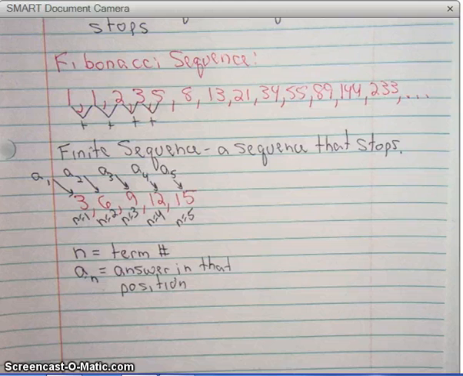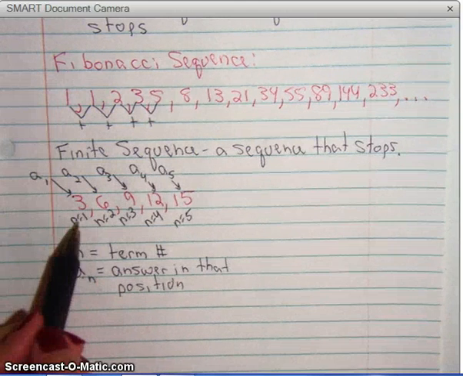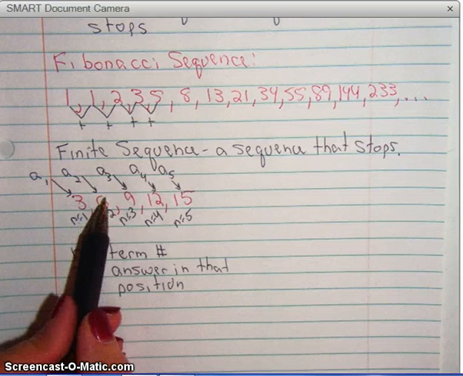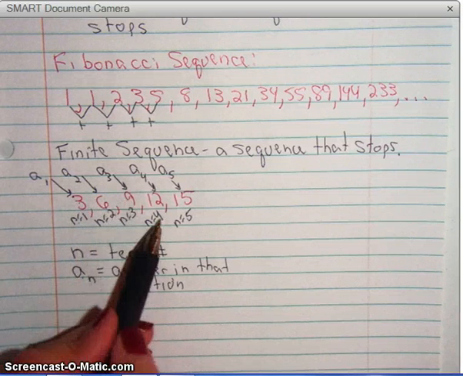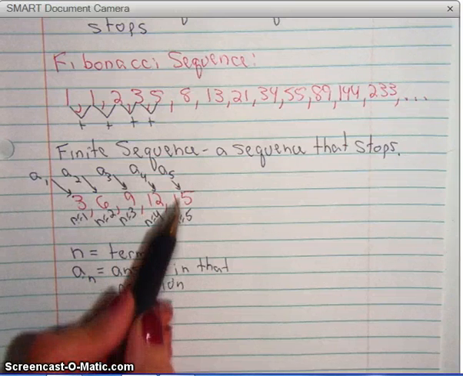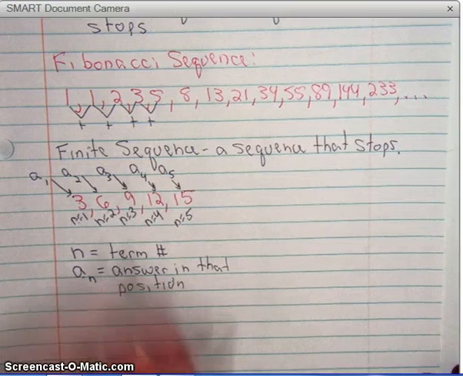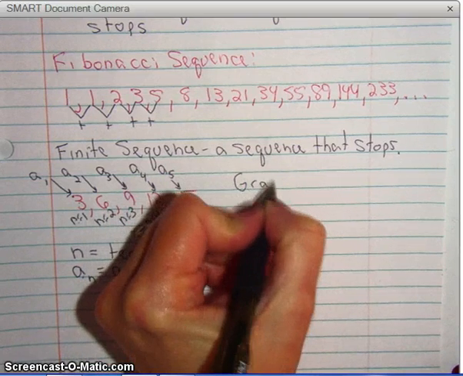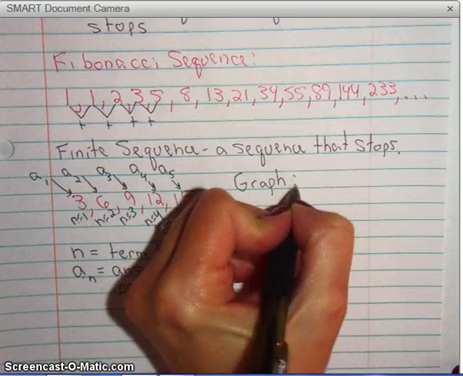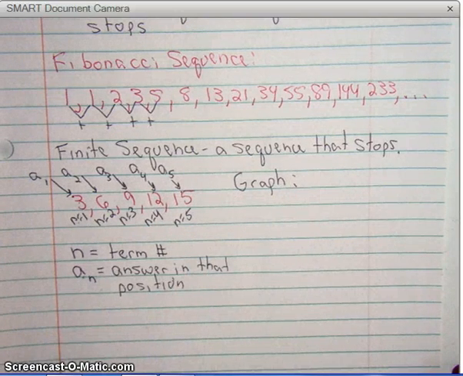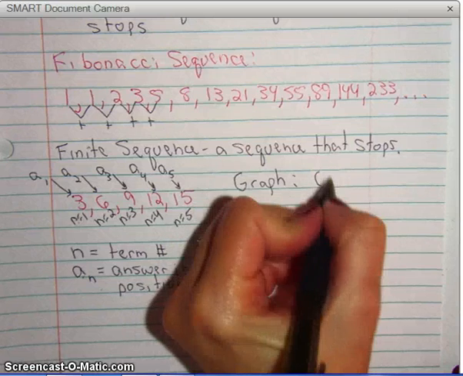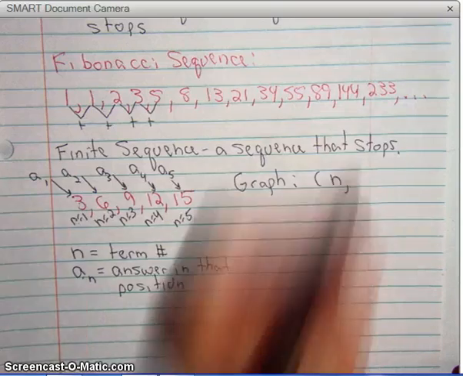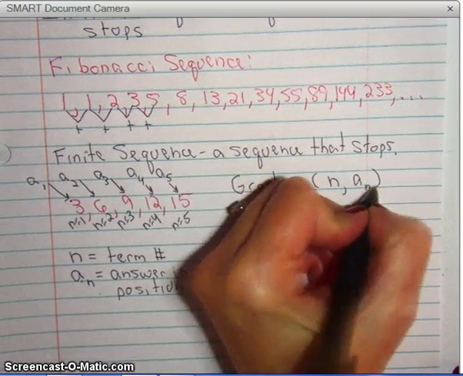Okay? All right, so you have term number, answer in that position, term number, answer, term number, answer, okay? Because you have those, what we can actually do is we can graph a sequence. And the ordered pairs are going to be term number and then answer in that position.